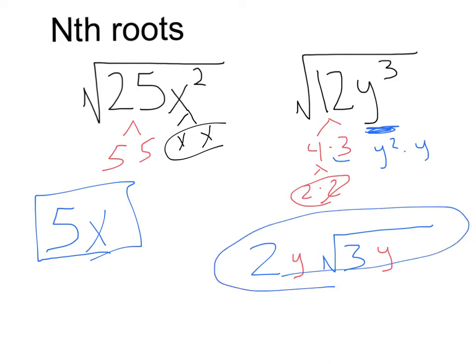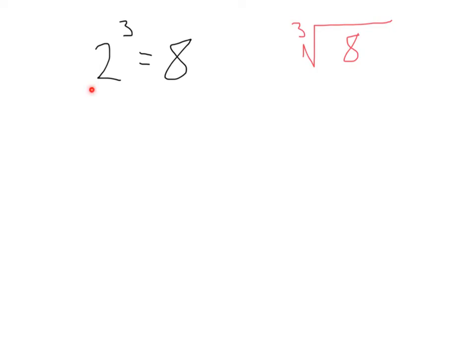All right, now taking the same concept, let's apply that to a cube root. We know that 2 cubed would be the same as 2 times 2 times 2, which would give us 8. So the opposite of cubing something would be taking a cube root. Now, whenever you have a radical symbol, the number up here is how many roots you're taking.